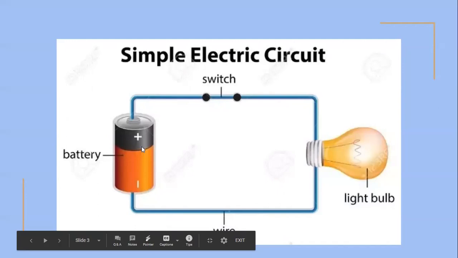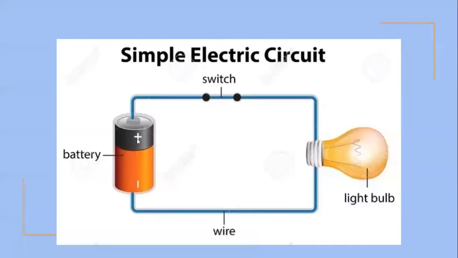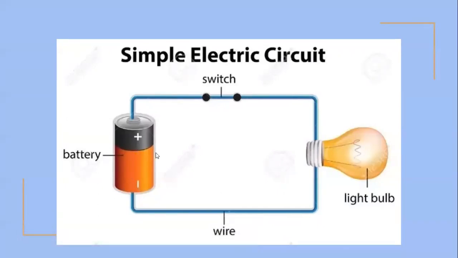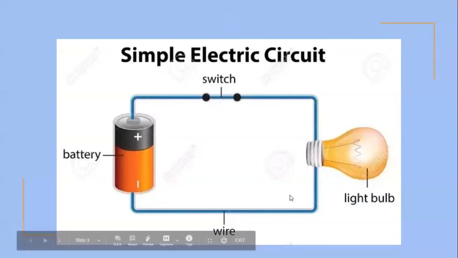Remember, electric current always passes from the positive terminal of a battery to the negative terminal. A positive electric current cannot pass from the positive terminal to the negative terminal within the battery, so it needs to take an outer route, through the wires.